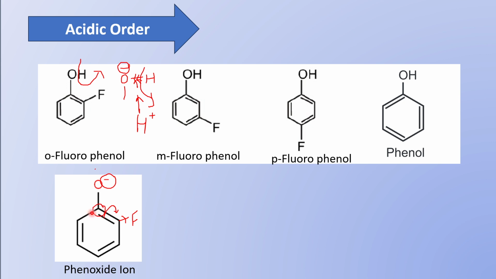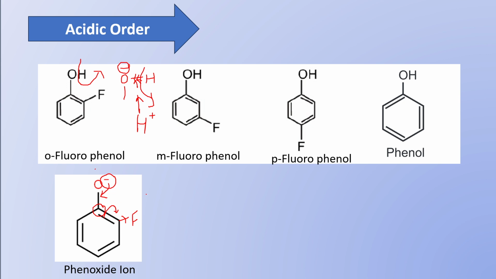So what is going to happen now is this electron density at oxygen is going to be transferred to this bond over here. Okay, so now there is going to be a conjugation, or the transfer of electron cloud from oxygen to this bond over here. And this is how it is going to stabilize the electron cloud.